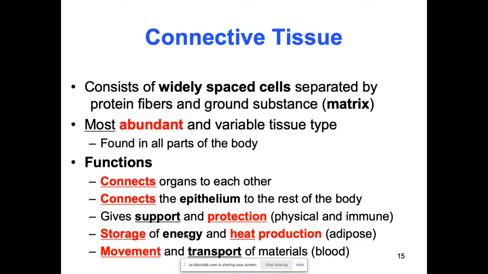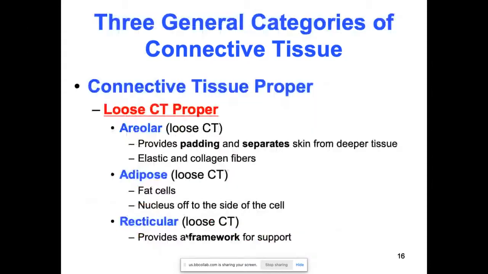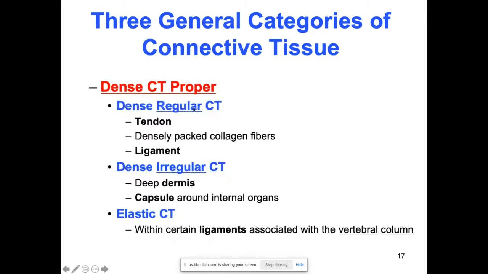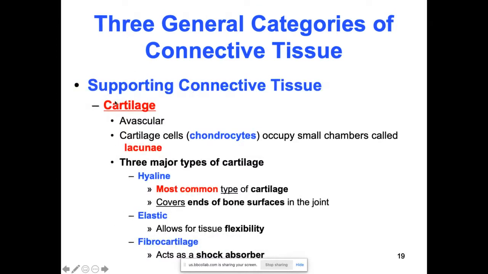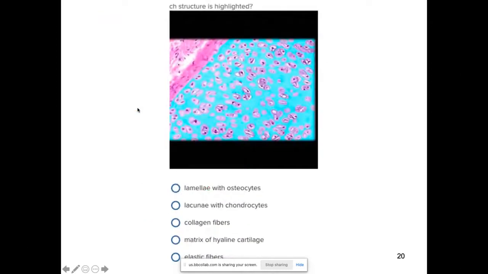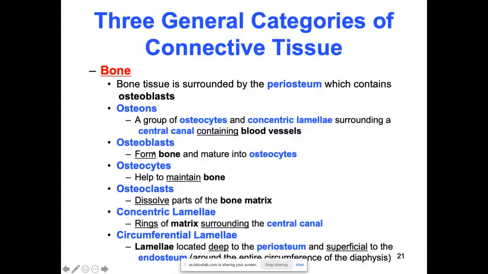And then we have movement and transport of materials through the body, because, remember I said earlier, blood is connective tissue. So let's look at the different categories first. Notice that we have connective tissue proper, loose connective tissue proper, dense connective tissue proper, fluid connective tissue, supporting connective tissue like cartilage, and then we have bone, right?